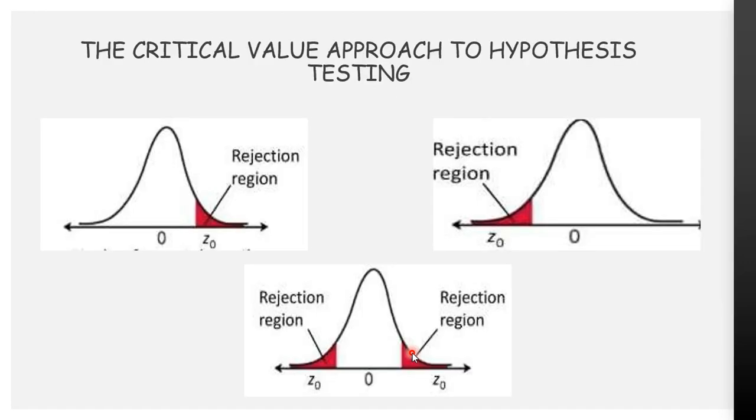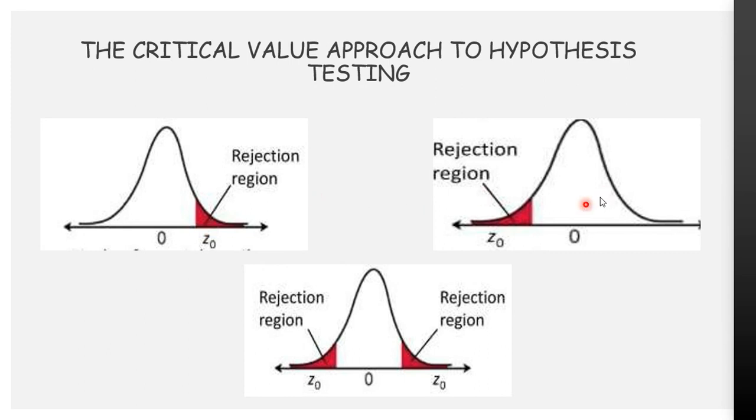And here is the illustration, mga anak, of the one-tailed and the two-tailed, and also identifying which part of the normal curve will be the rejection region. For example, this first picture is a right-tailed. As you can see, the rejection region is on the right side of the normal curve. Once our computed value falls here, we need to reject the null hypothesis.